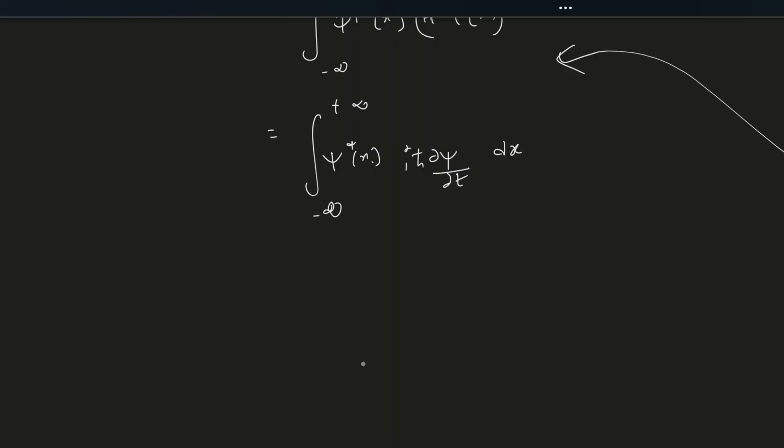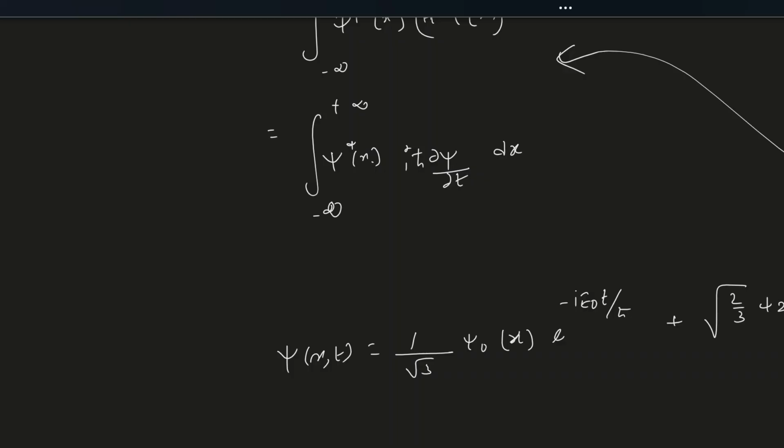Now the psi of x form is given to you. Psi of x, t is equal to 1 by root 3 psi naught of x, only the x dependent part, e to the power of minus i E naught t by h cut, plus root of 2 by 3 psi 2 of x e to the power of minus i E 2 t by h cut.